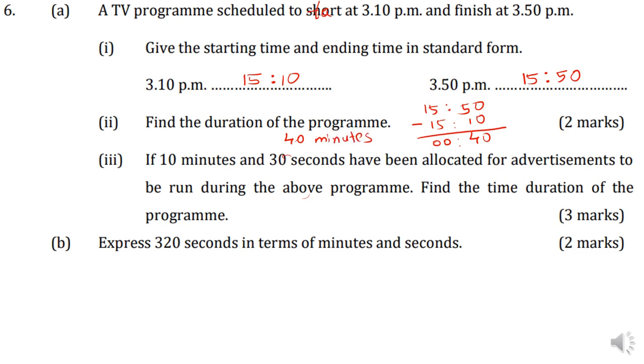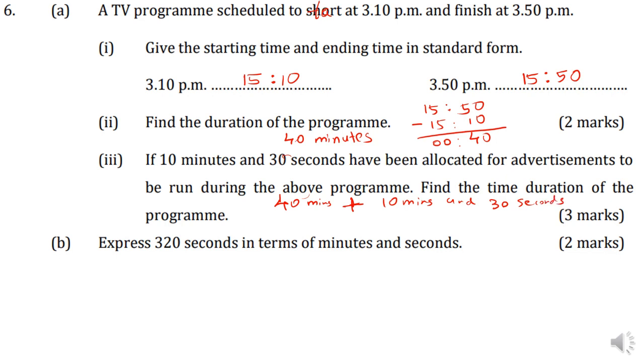If 10 minutes and 30 seconds have been allocated for the advertisements to be run during the above program, find the time duration of the program. Time duration should be 40 minutes plus 10 minutes and 30 seconds.